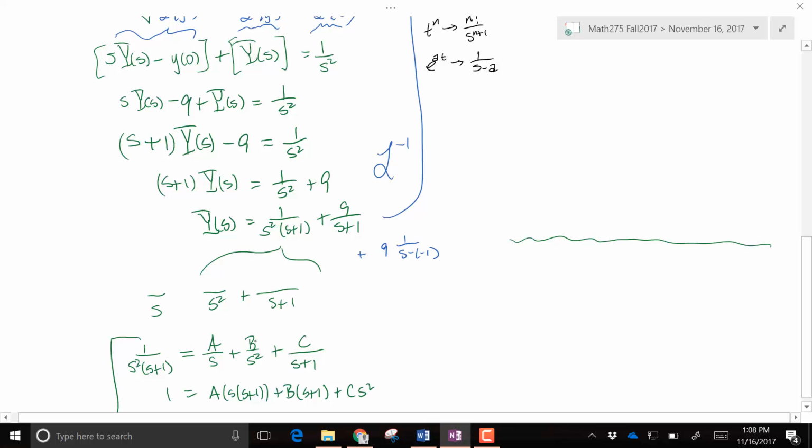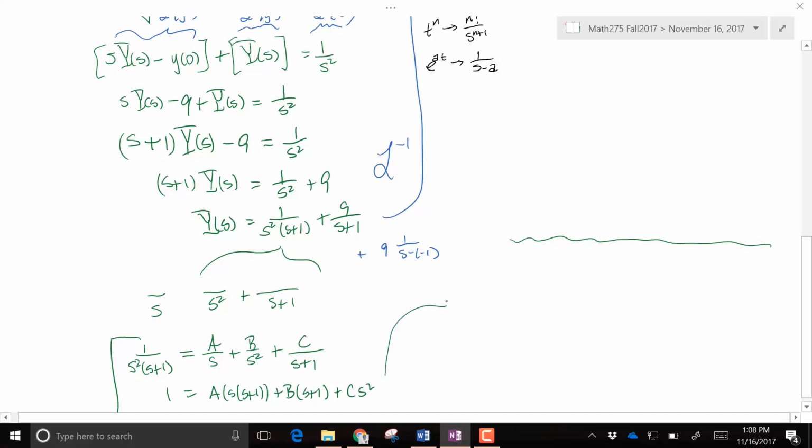You would have a linear term, as plus b, if you have an irreducible quadratic in the denominator. And having an s squared is not an irreducible quadratic. It's a linear that's multiplicity 2.